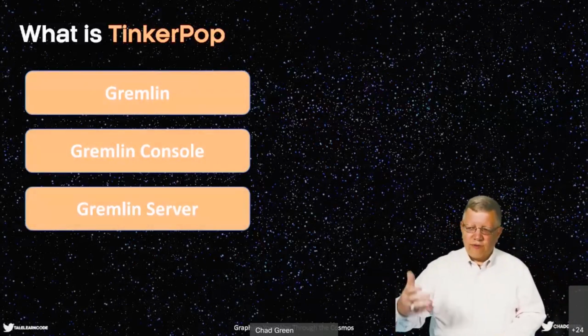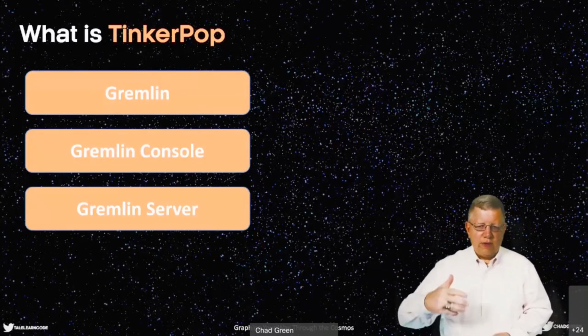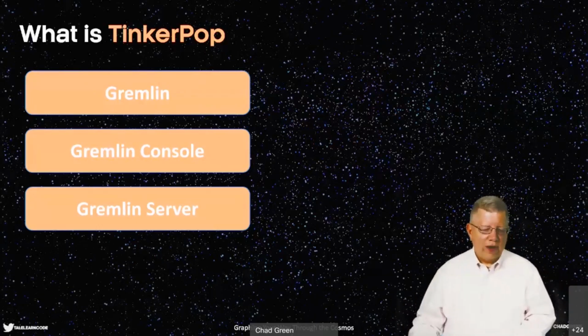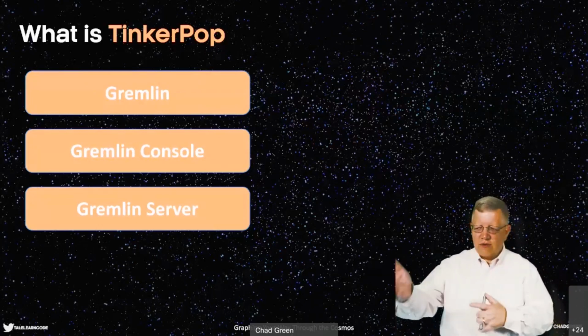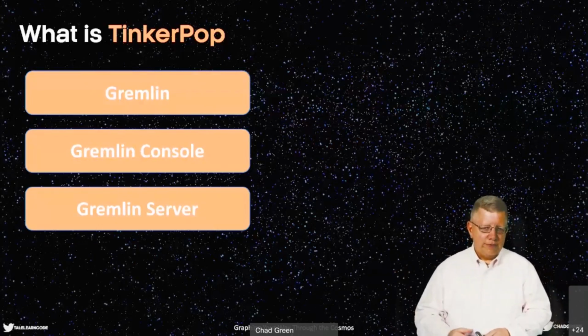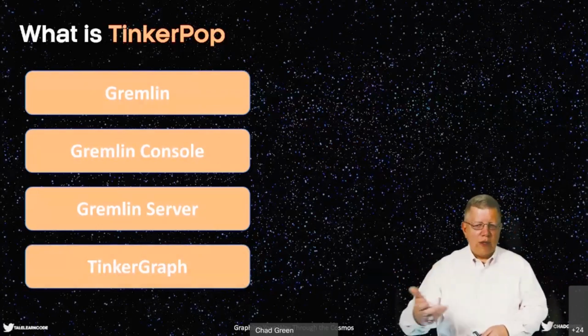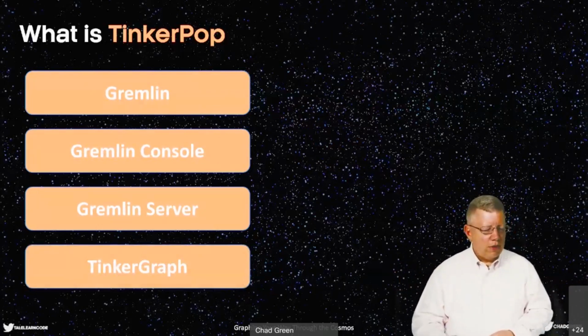Next, you have Gremlin Server. This allows hosting a graph remotely via HTTP and WebSockets. So when we talk about Cosmos, Cosmos is implementing a Gremlin server. Next, we have TinkerGraph. This is a small in-memory graph implementation. It's great for learning or for testing, like doing my unit tests in memory.